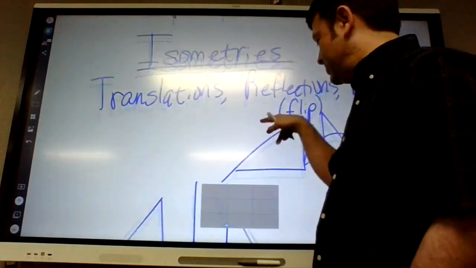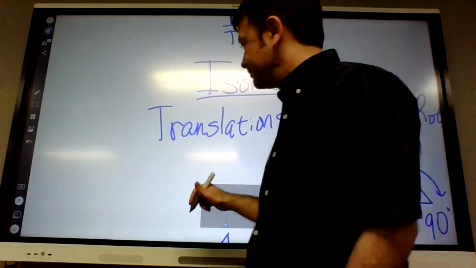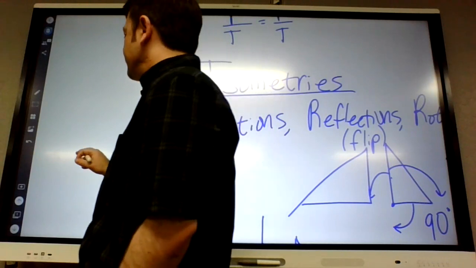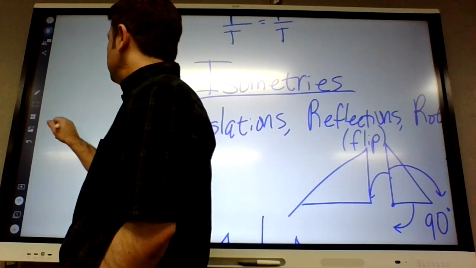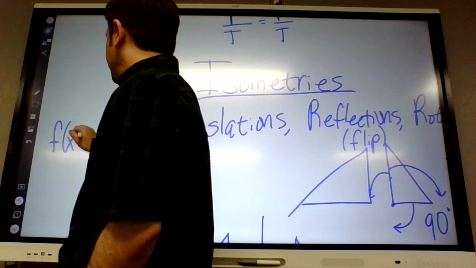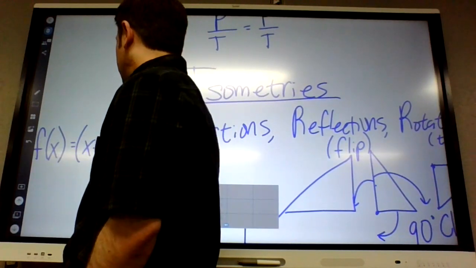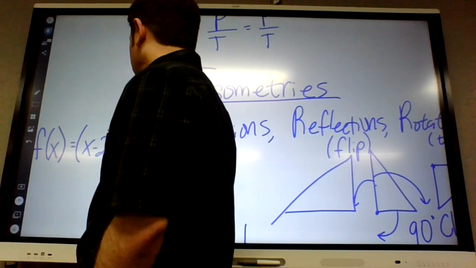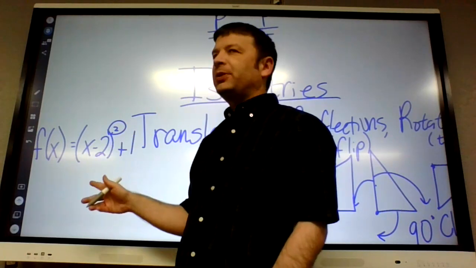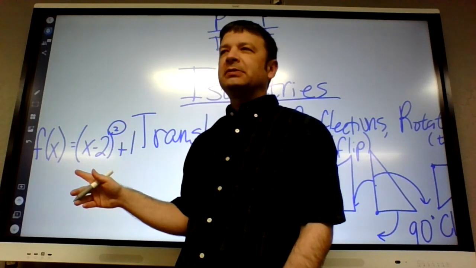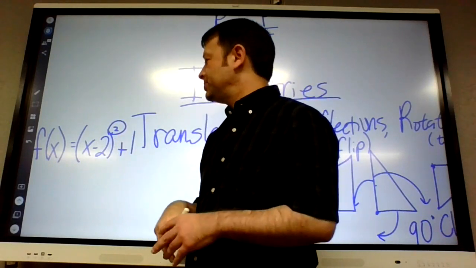Sometimes in algebra, we did problems like this. I don't know if you guys remember. You remember what shape the x squared graph is? A U, yeah, a parabola, kind of a U shape.